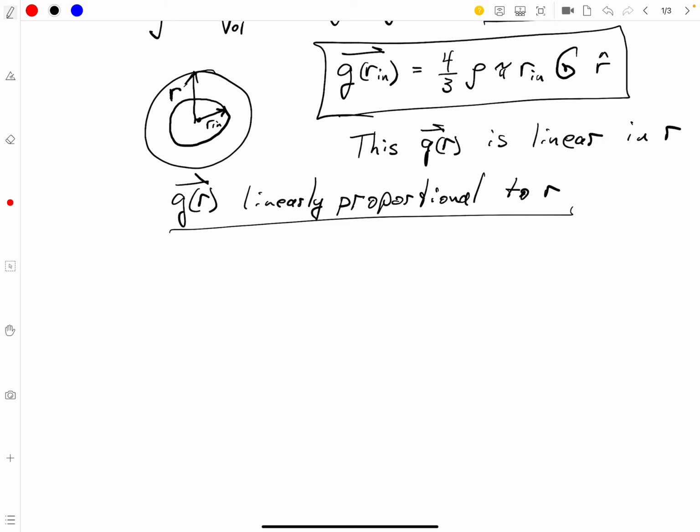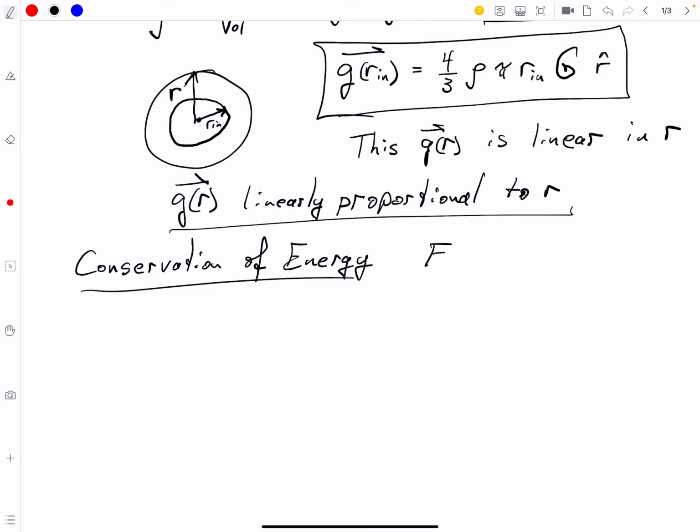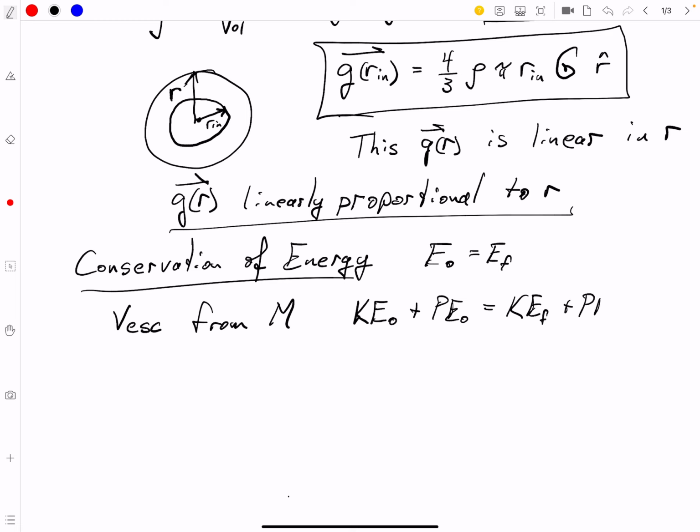We then went on to look, again using conservation of energy, at what the escape velocity is from some massive object M. And we did that with KE initial plus our potential energy initial equals KE final plus PE final.